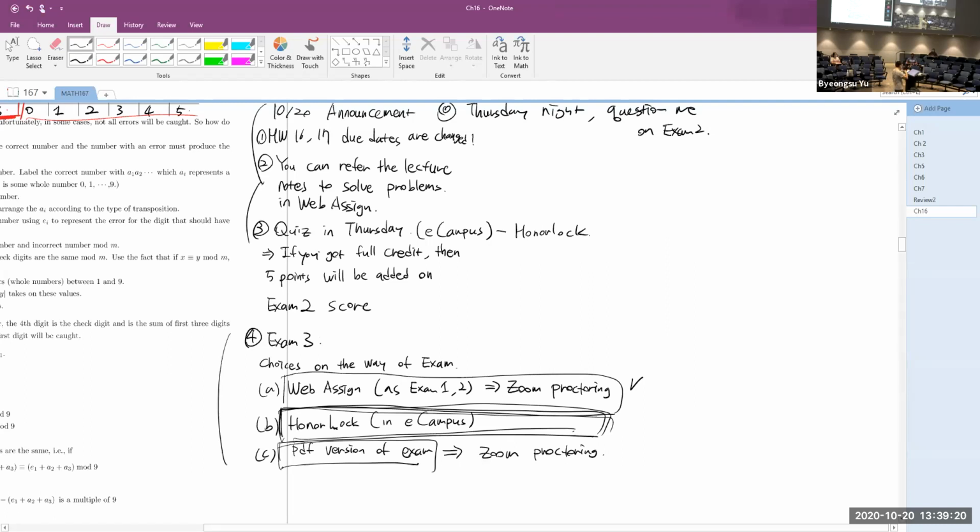After finishing, take a picture, send it to me, and rip up your papers, and done. It is the same procedure as in WebAssign, except that you need to print the PDF version and write on paper. If you're comfortable with this way, please let me know. But in this case, you also need to log into Zoom for proctoring. So there are 3 options here.